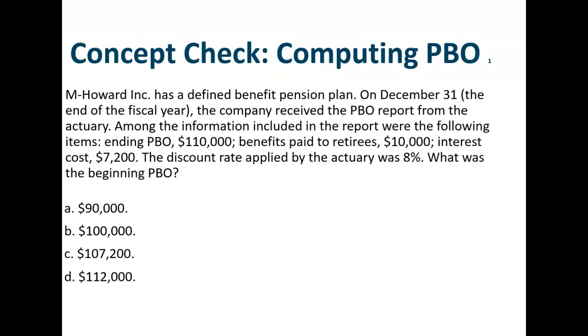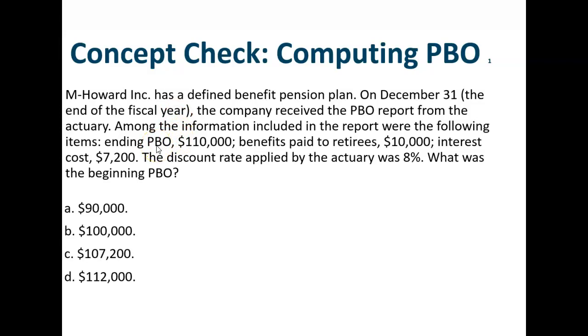Now let's work a concept check problem. M. Howard, Inc. has a defined benefit pension plan. On December 31st, the end of the fiscal year, the company received the PBO report from the actuary. Among the information included in the report were the following items.